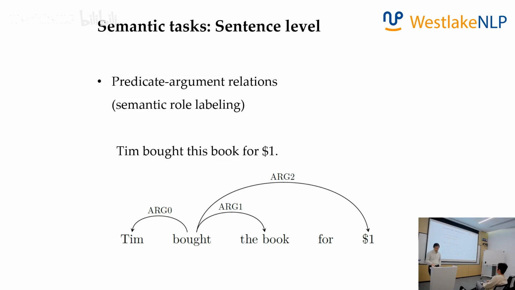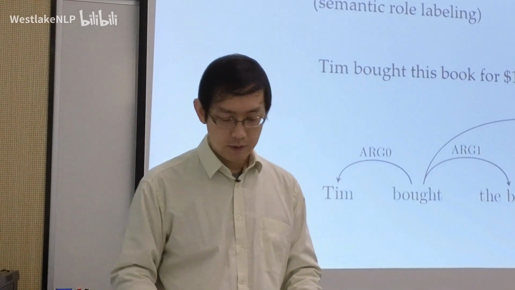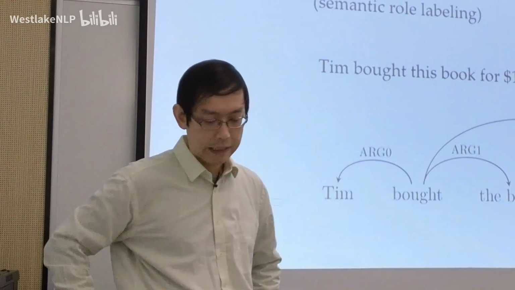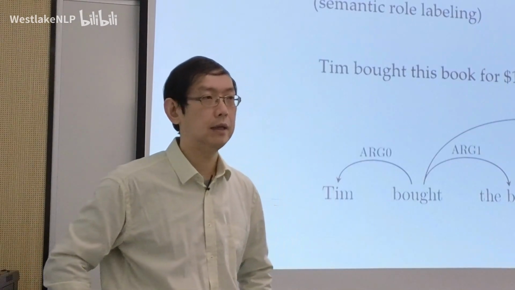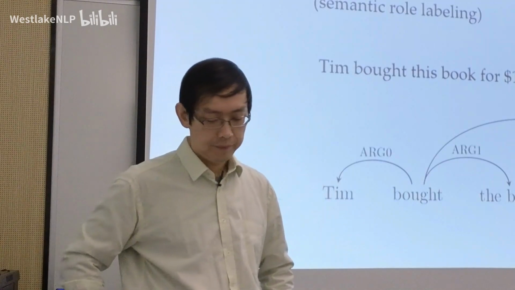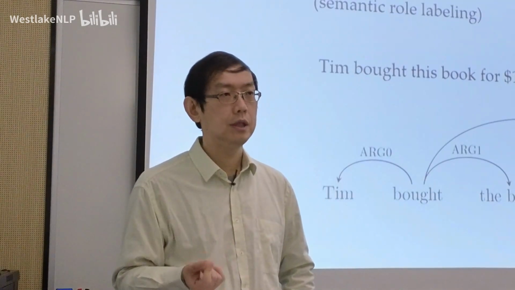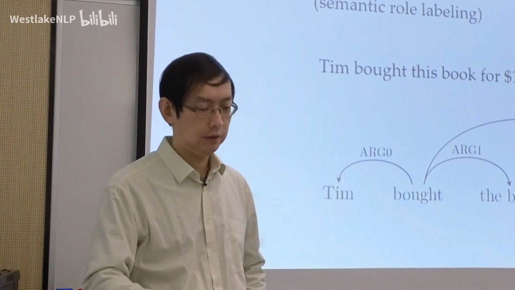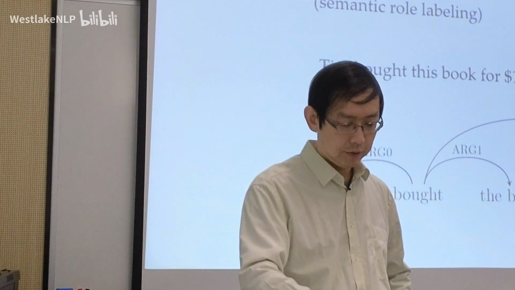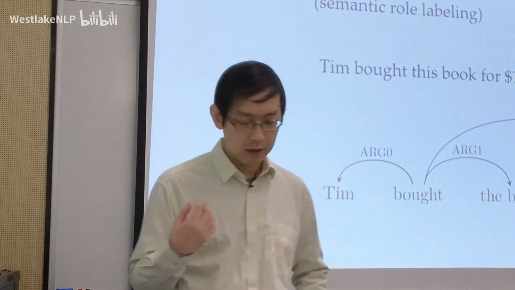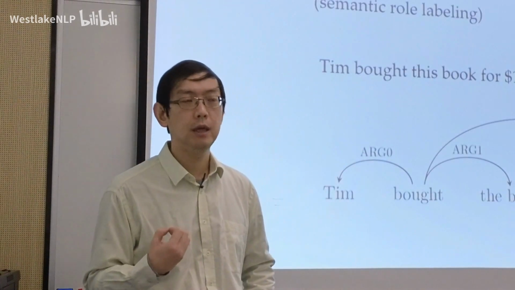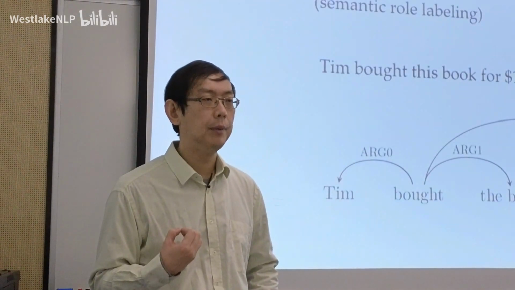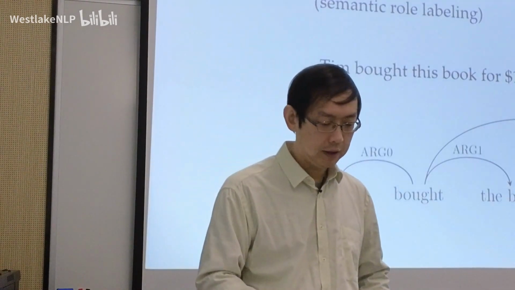And there are arguments such as the agent, Tim, the patient, book, and other argument roles such as the price, etc. Okay, so semantic role labeling is a quite general predicate argument structure task, which predicts the predicate and the general semantic roles such as the agent and the patient for the predicate. So this is a semantic level. But of course, there are more formal semantic frame tasks, such as frame semantic parsing, which, because of time, I do not go over in this class.